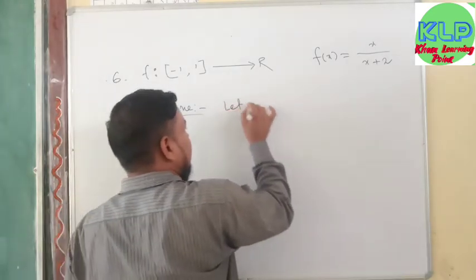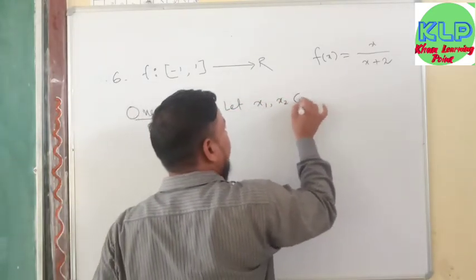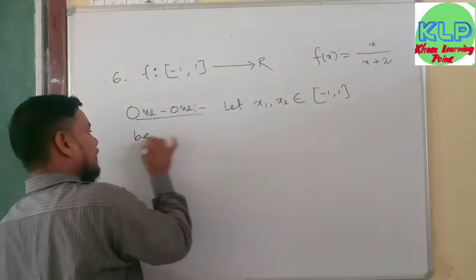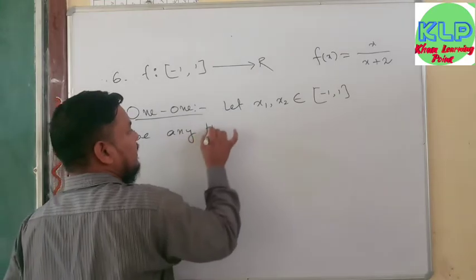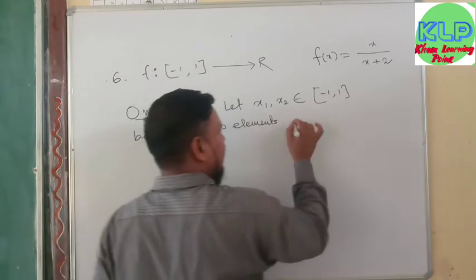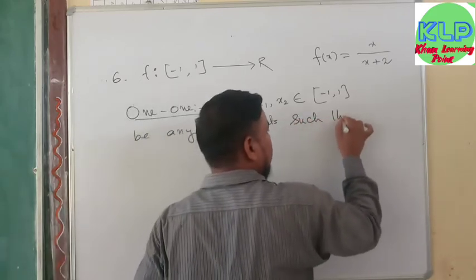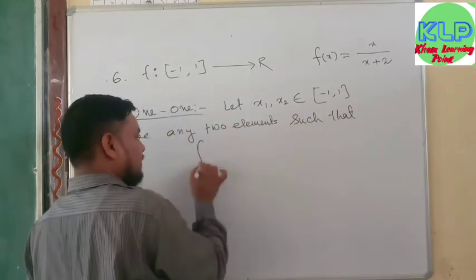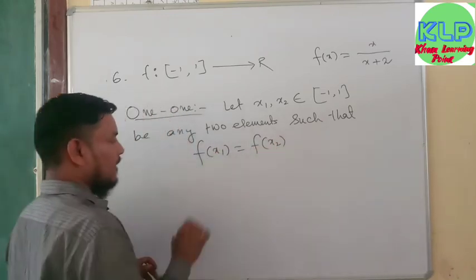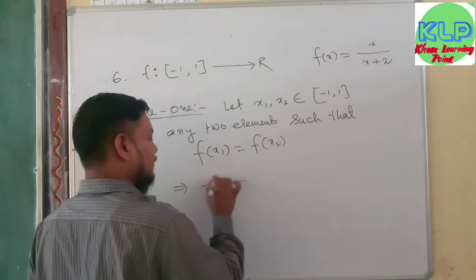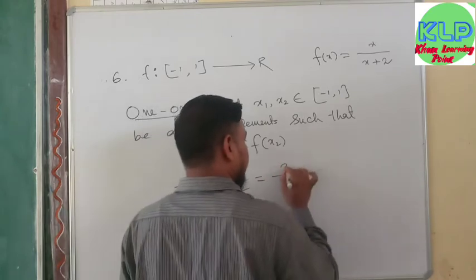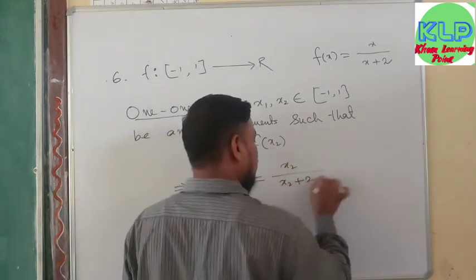So let x1, x2 belong to -1 to 1 be any two elements such that f(x1) = f(x2). f(x1) means x1 divided by x1 plus 2, and here x2 divided by x2 plus 2.